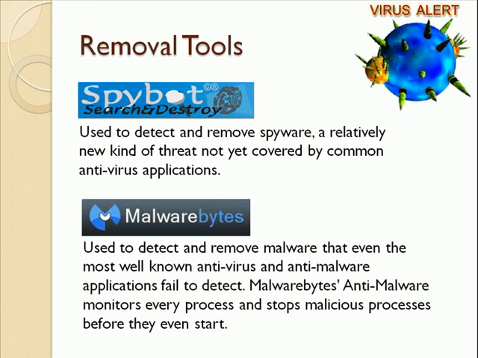The second program I use is Malwarebytes, which is used to detect and remove malware that even the most well-known antivirus and anti-malware applications fail to detect. Malwarebytes has never let me down, and in my demonstration, that is the program that actually fixed the problem on my virtual machine.